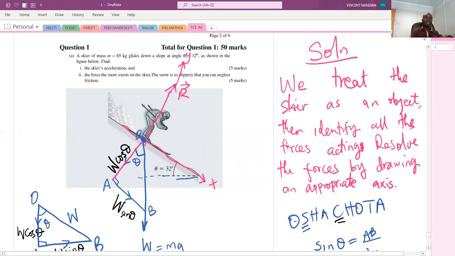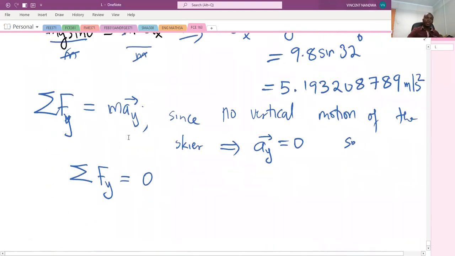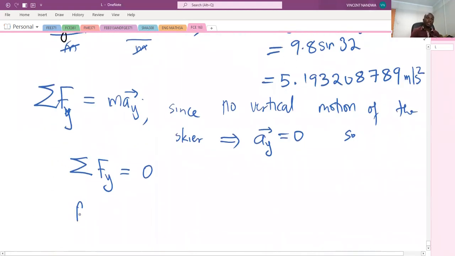So the normal reaction is positive, and W cosine theta is negative. We have the normal reaction R minus W cosine theta equals 0.